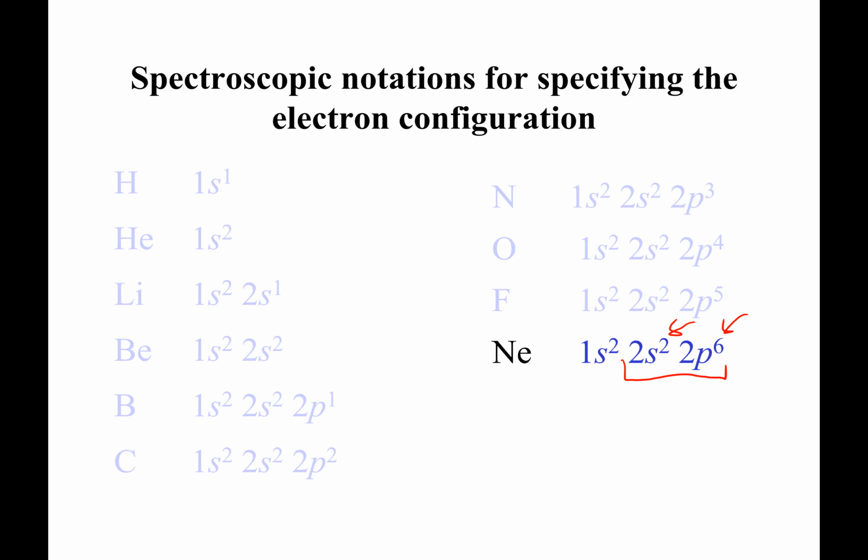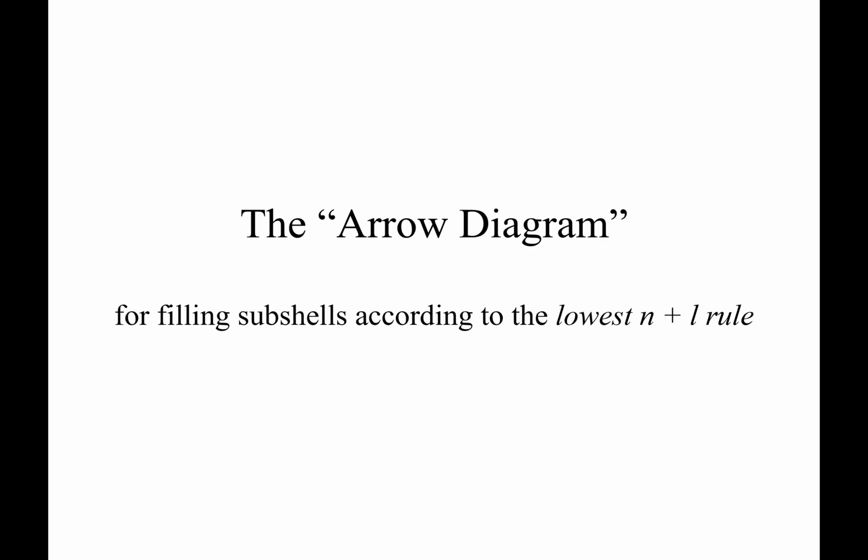All rare gases have this pattern where on the principal, the highest energy level, you're going to have ns2, np6. That's the generic formula for a rare gas.